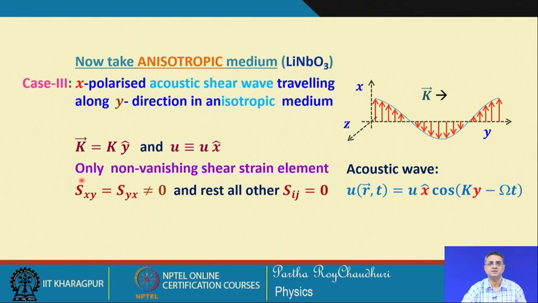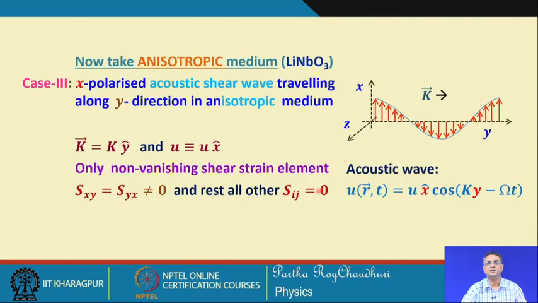In that case, as I mentioned, x and y, the direction of propagation of the acoustic wave and the direction of polarization, are the two indices which will appear as the shear strain components, xy and yx. This is the only non-zero component, the rest of them are 0.